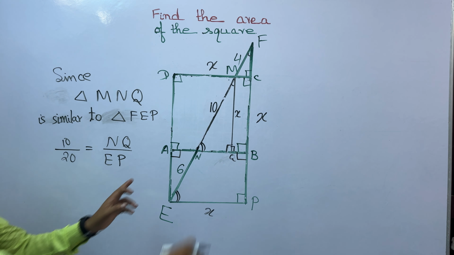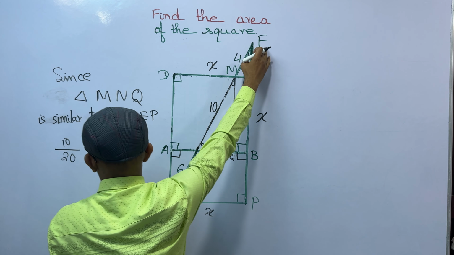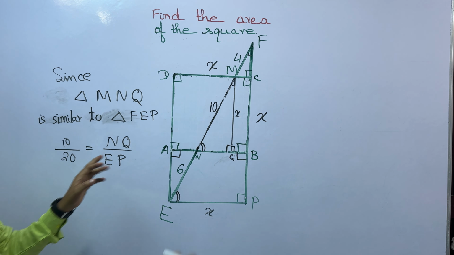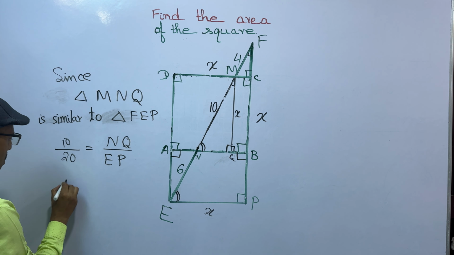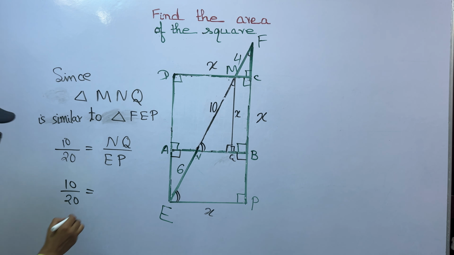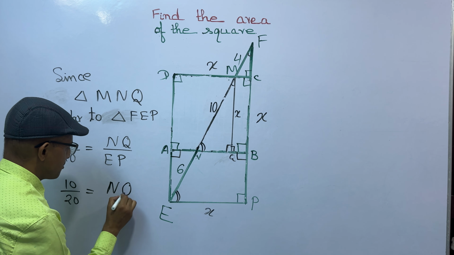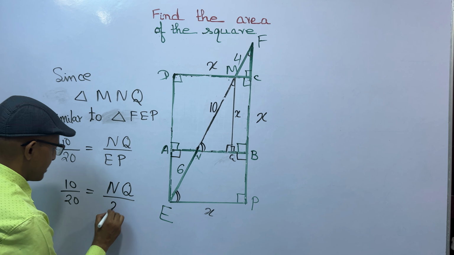Once again, smaller hypotenuse 10 divided by bigger hypotenuse 20 must be equal to smaller base NQ divided by bigger base, or 10 by 20 equal to NQ. We somehow want to find NQ. EP measures x unit.